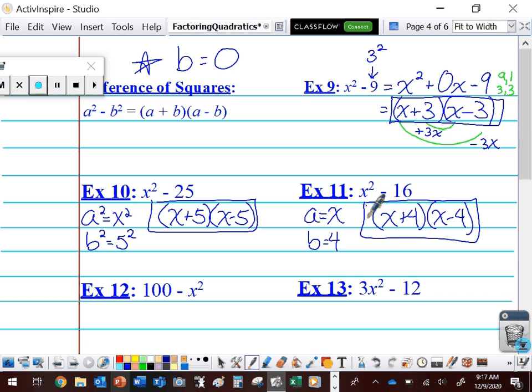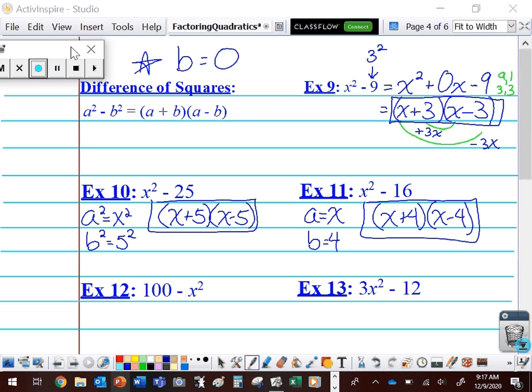Now, what we're looking for when we're trying to determine if we have a difference of squares is that b is equal to 0. Remember our old quadratic, ax squared plus bx plus c. If this b is 0, all we have is ax squared plus c.